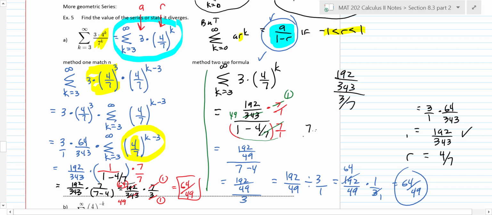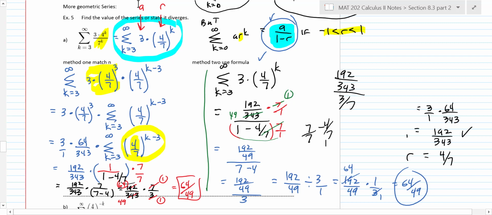Okay, if you did like 7 over 7 minus 4/7, you would get that, and then you could just do that division problem. It's your call. Okay, but I think you'll do okay with that. Once you determine that it's a convergent geometric sequence, a is the first term, r is that ratio. Crunch it out. There's nothing to it.